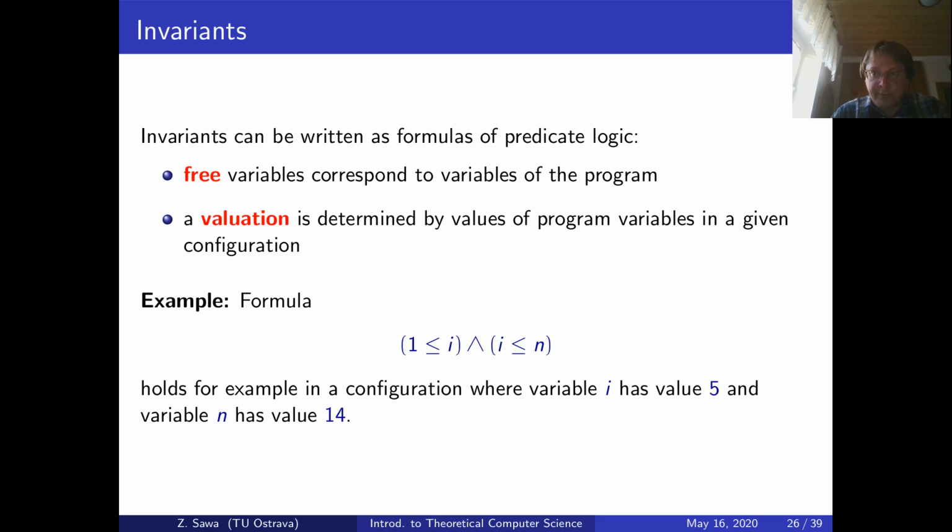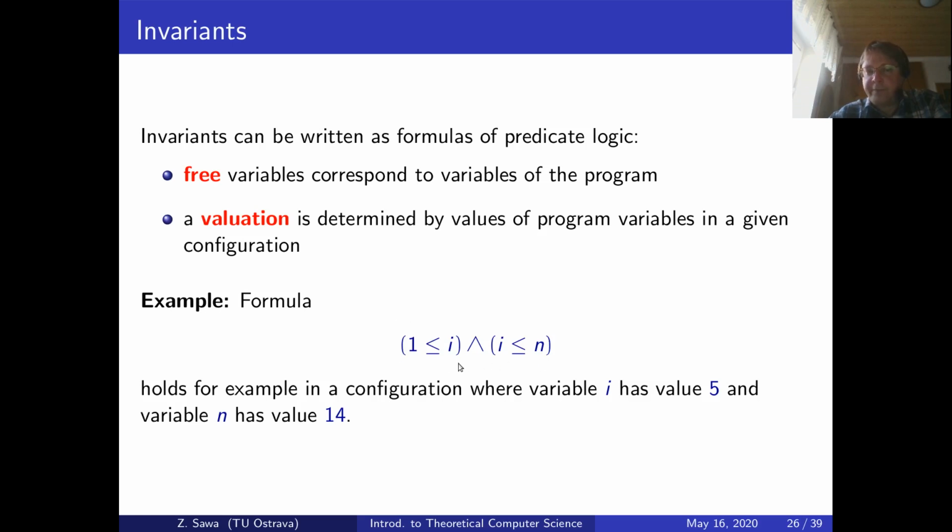For the given configuration there is a corresponding valuation under which the given formula could be evaluated, and it could be either true or false under the given interpretation and valuation. So this is an example of an invariant.